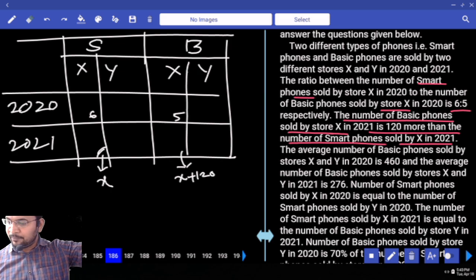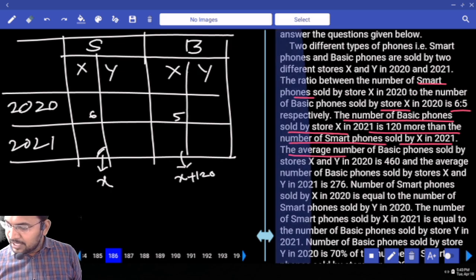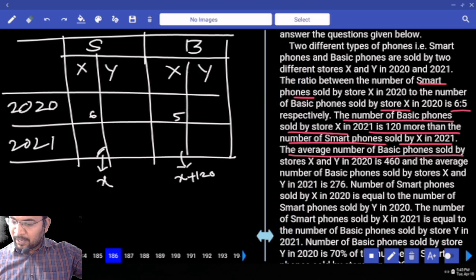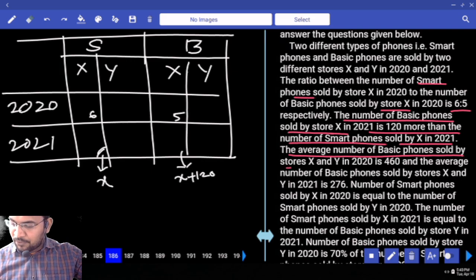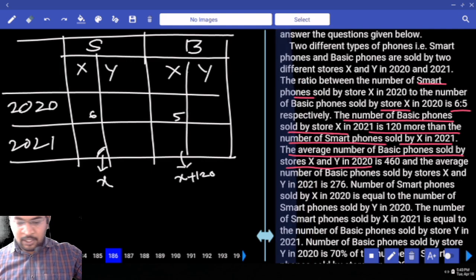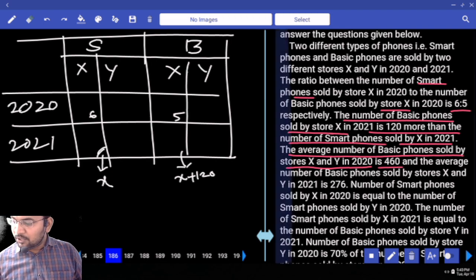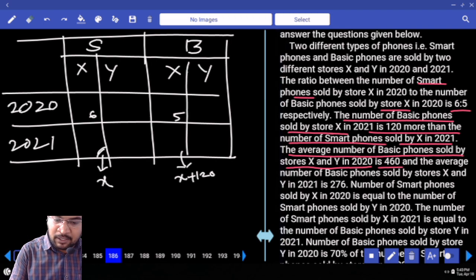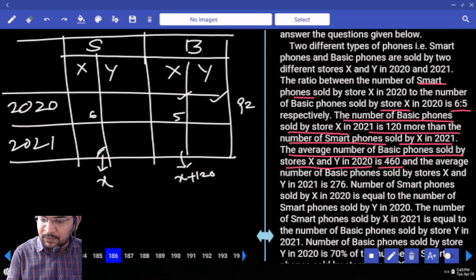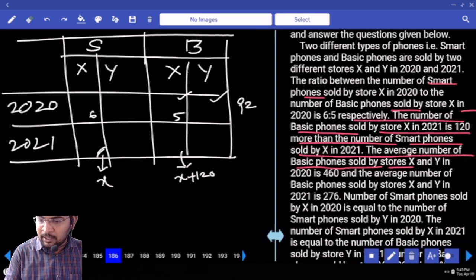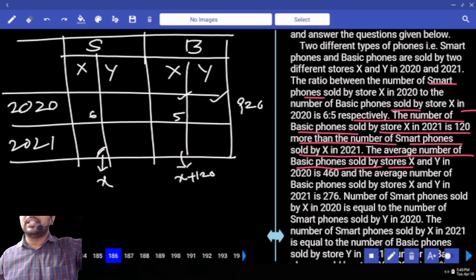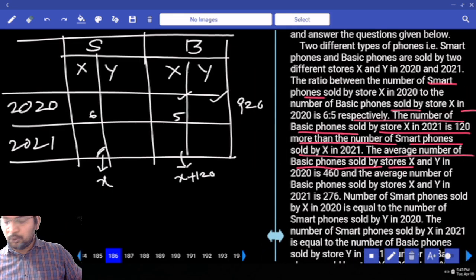Are you clear? Next, the average number of basic phones sold by Store X and Store Y in 2020 is 460. So the total of these two is 920, since the average is 460, total is 920, into 2.